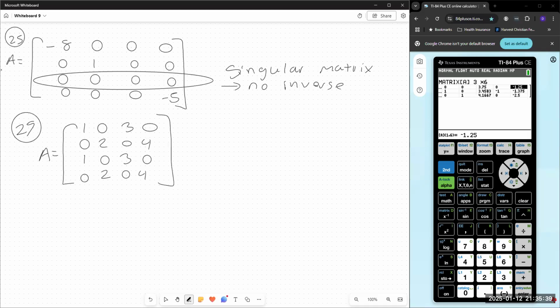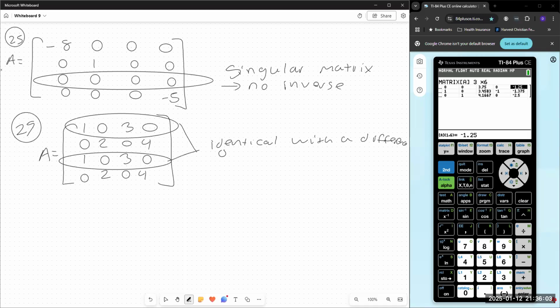And it does not matter which pair you look at, whether you look at this pair of rows that are the same, identical, with a difference of all zeros.